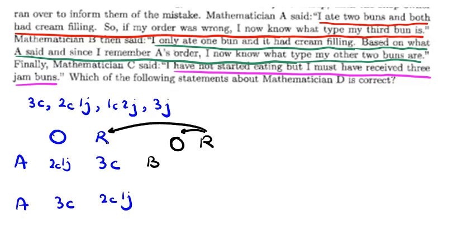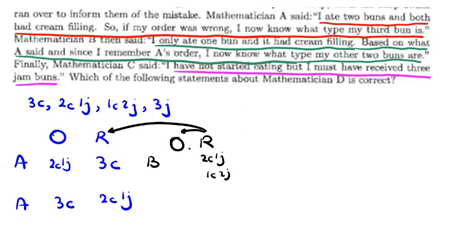He knows what A got from the things he said because he knows his order. The problem says it is not equal to this received. So it is not equal to this and not equal to this. So for B, because he ate 1 cream, it can be 3 cream, 2 cream 1 jam, or 1 cream 2 jam.